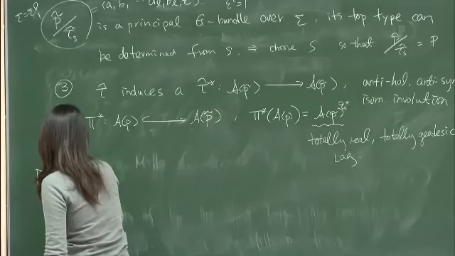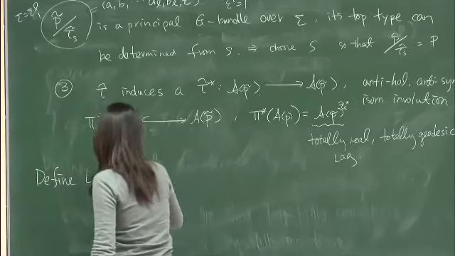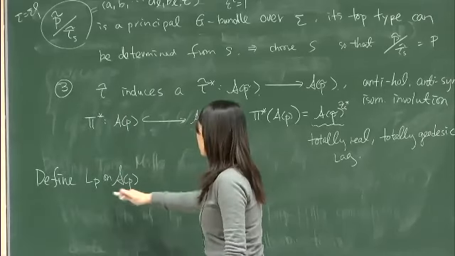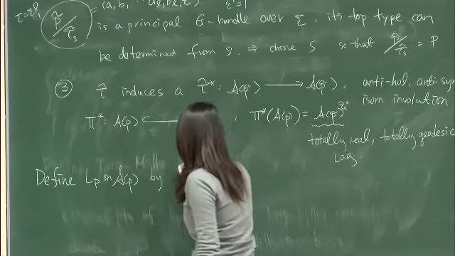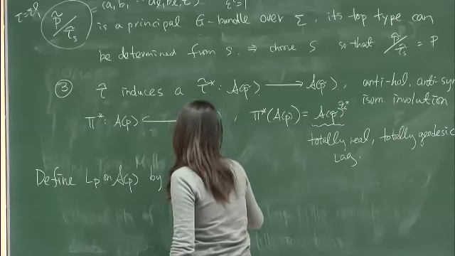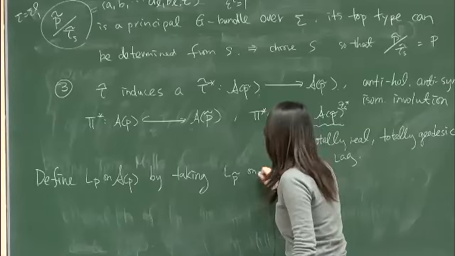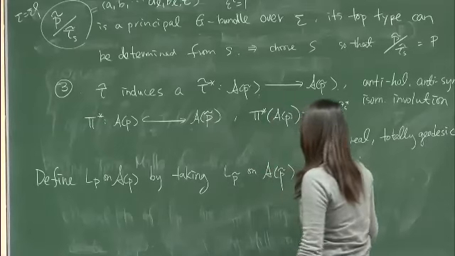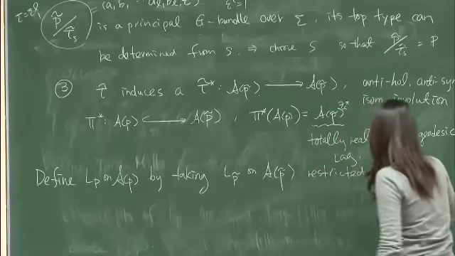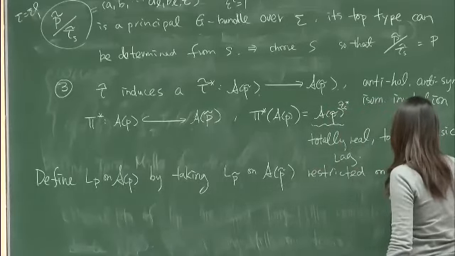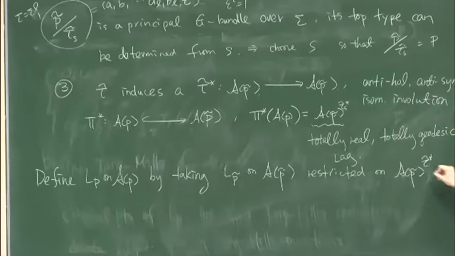So we define the Yang-Mills functional on the space of connections downstairs by taking the Yang-Mills functional upstairs, so it's P tilde, and you restrict it on the fixed point set.